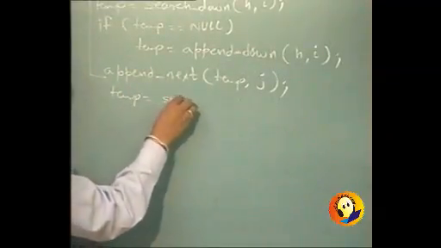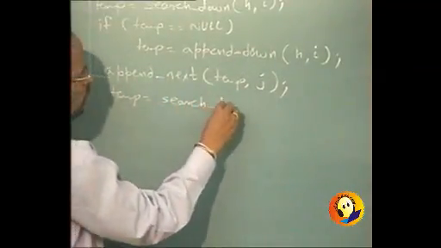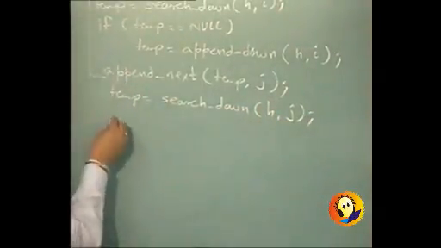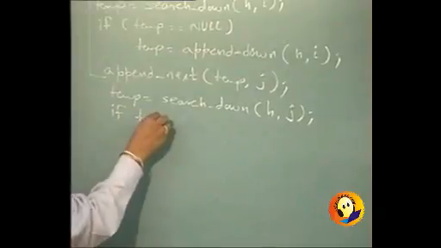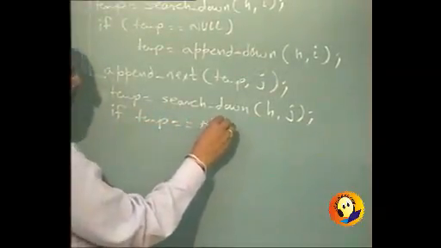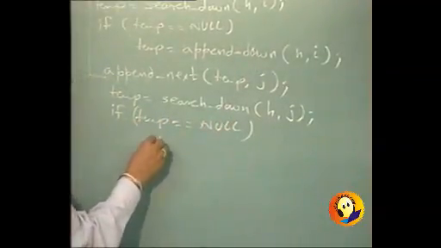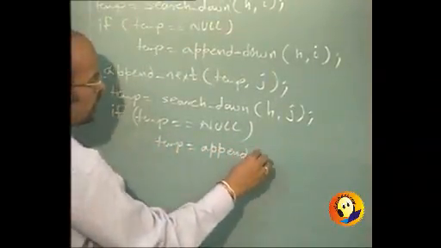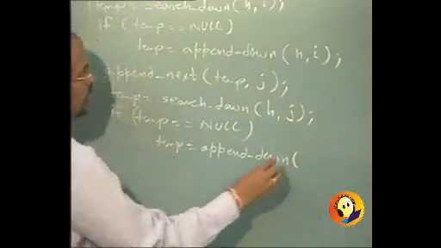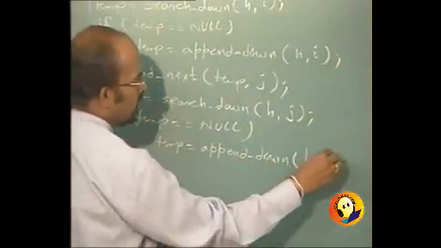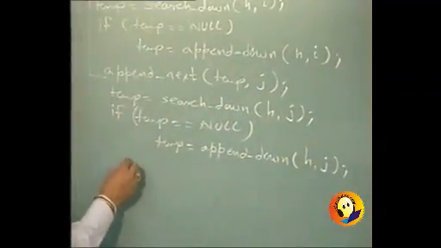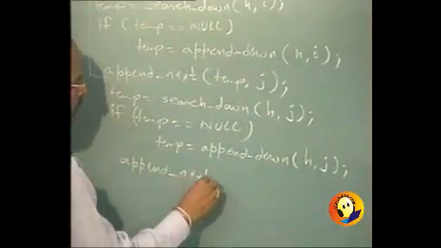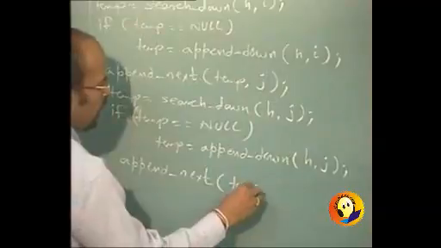Temp equal to search down H comma J. If temp is equal to null, then temp equal to append down H comma J, and then append next temp comma I.